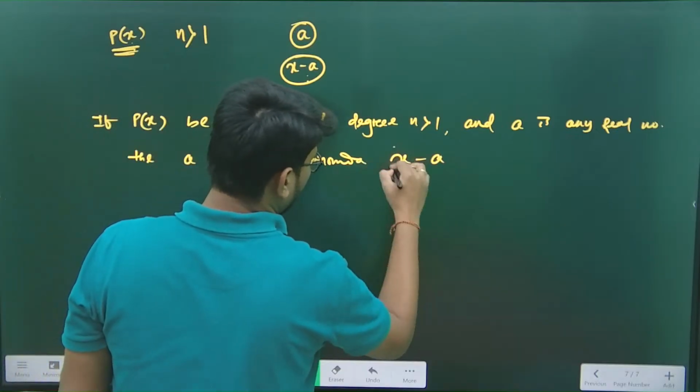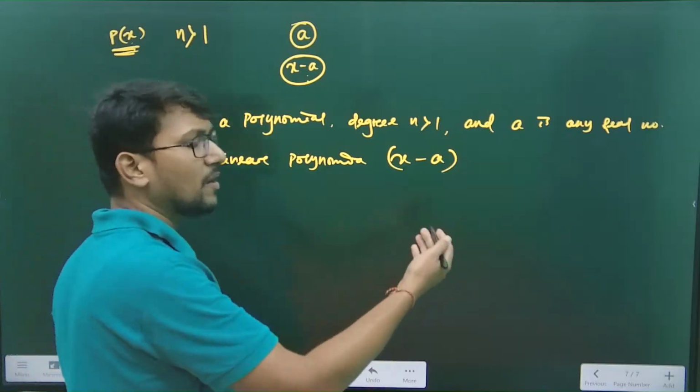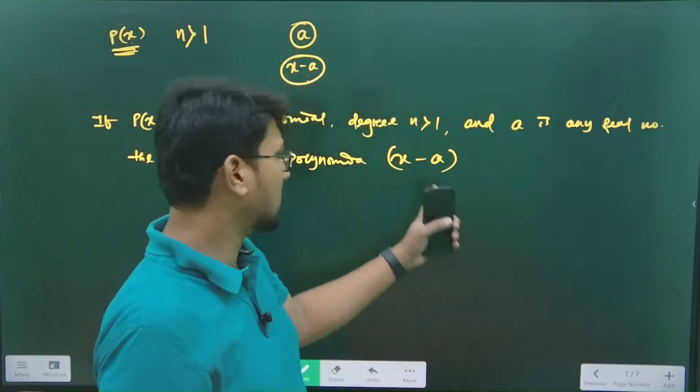If A is a real number, then X minus A is a what? A linear polynomial, because its power is 1.